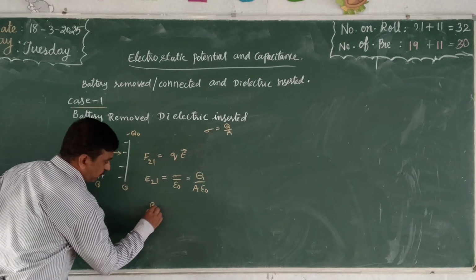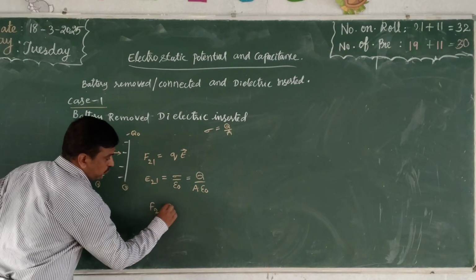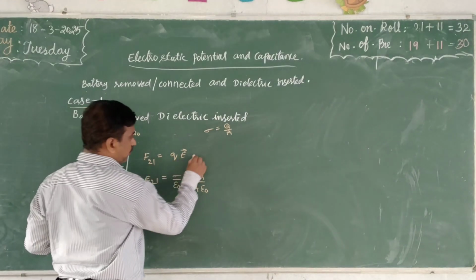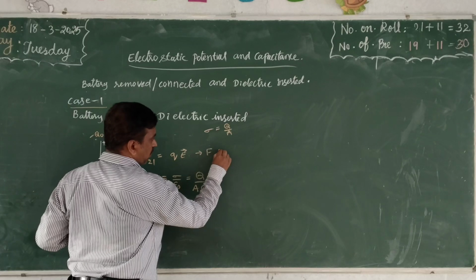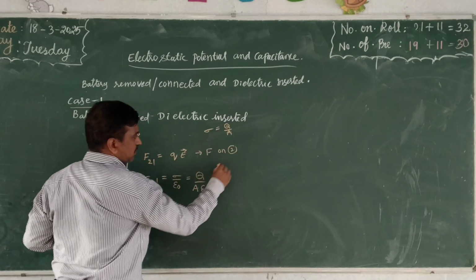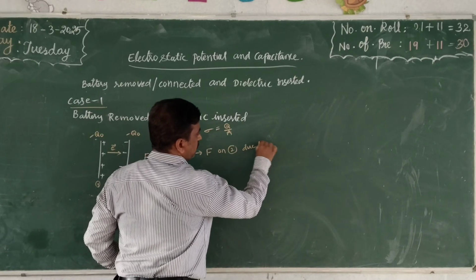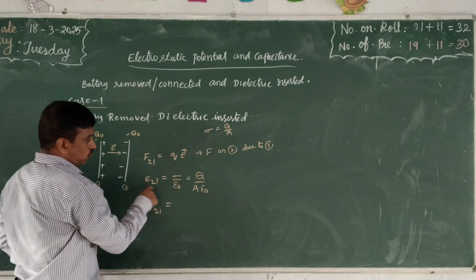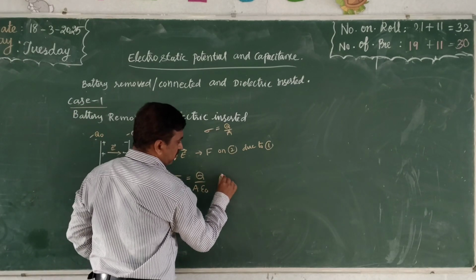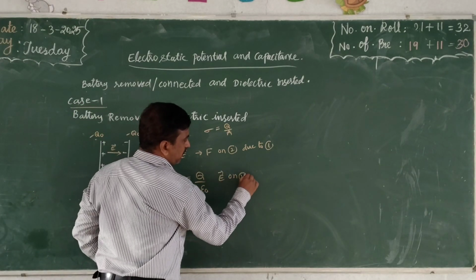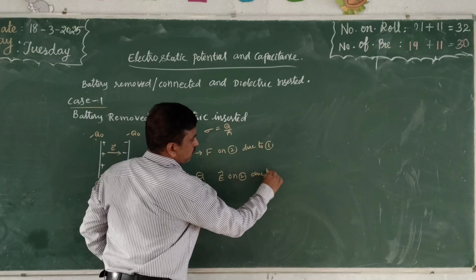Now we can write the force on the second plate due to the first one. F21 means force on the second plate due to the first plate. Here E21 means electric field on the second plate due to the first one.